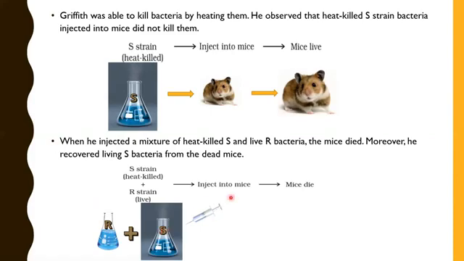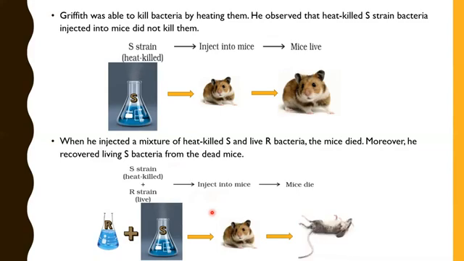He took the mixture of non-pathogenic R strain cells and non-pathogenic heat-killed S strain bacterial cells in the syringe, and then he injected such mixture into the mice. After injecting into the mice, he noticed the death of the mice.